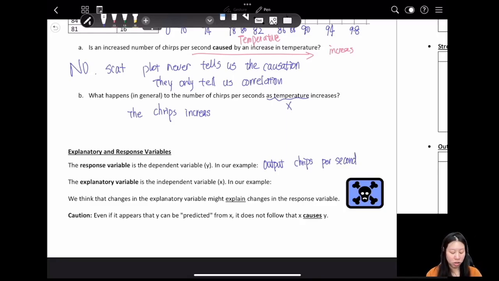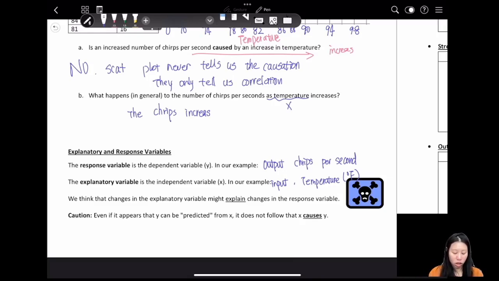And then the explanatory variable is the independent variable, which is also our input. In our specific case, it would be our temperature in Fahrenheit. So we think that changes in the explanatory variable might explain the changes in the response variable.